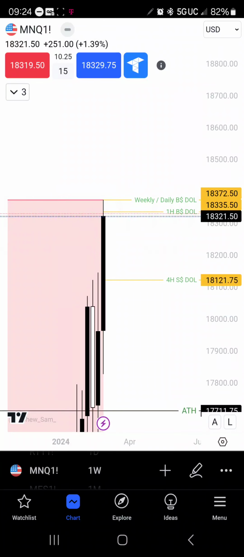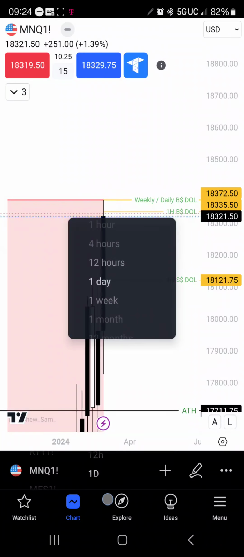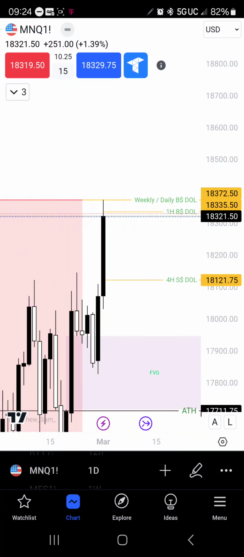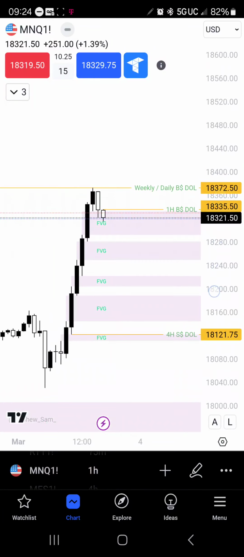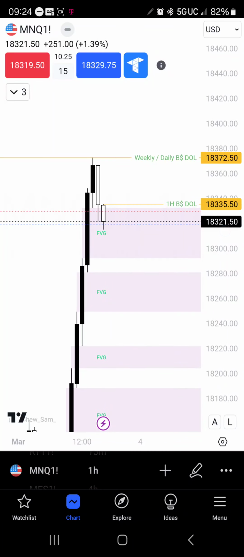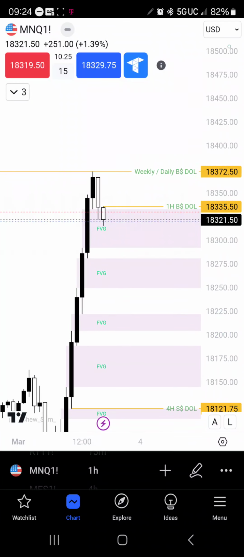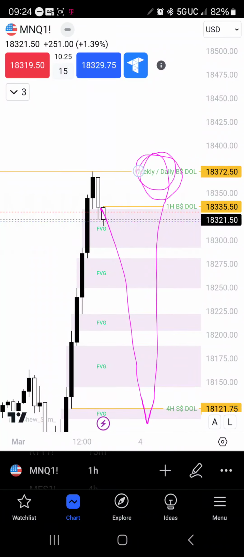Weekly draw on liquidity is going to be 18,372.50. Monday's draw on liquidity is going to be 18,372.50. Okay, and then when we start getting down into the lower time frames, I kind of want to see again the market begin to trade lower to find discount and then come up and take our weekly draw on liquidity overall.